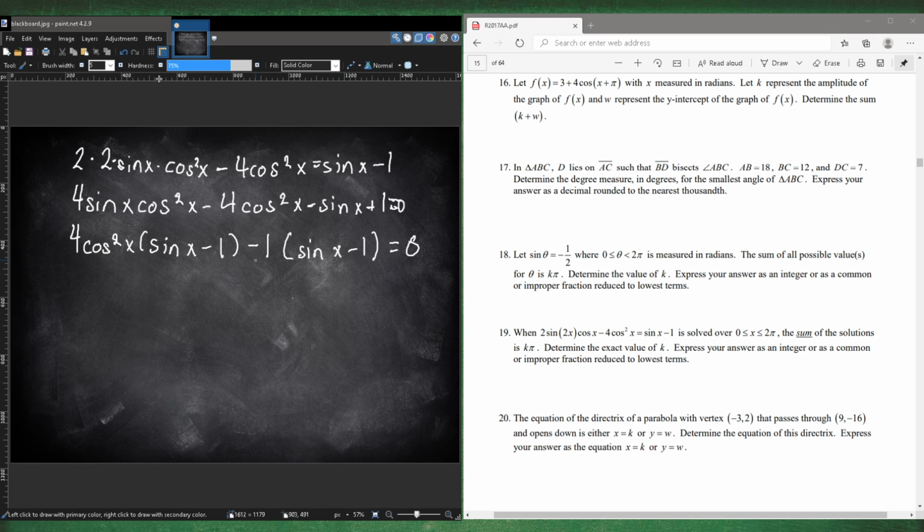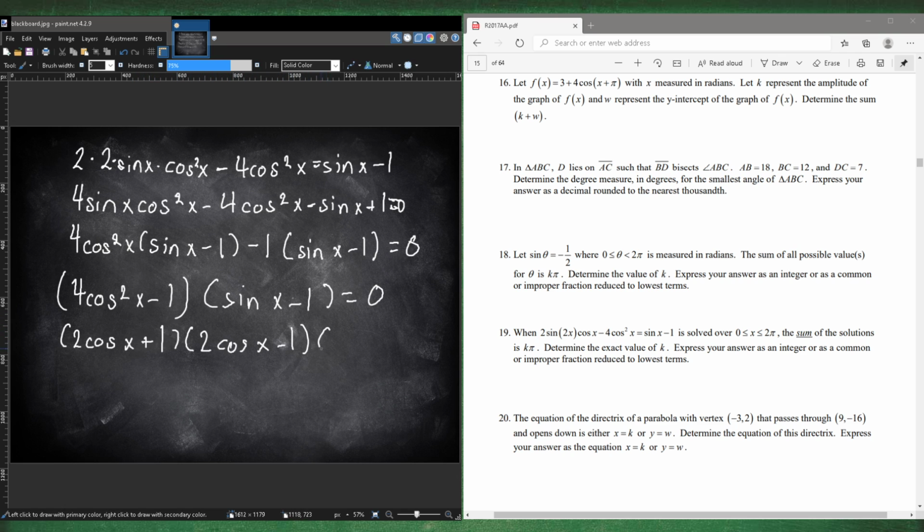So I see common factors, so that could become 4 cosine squared of x minus 1, sine of x minus 1 equals 0. So this just factors out as 2 cosine of x plus 1, 2 cosine of x minus 1, and sine of x minus 1. So these are our three factors.